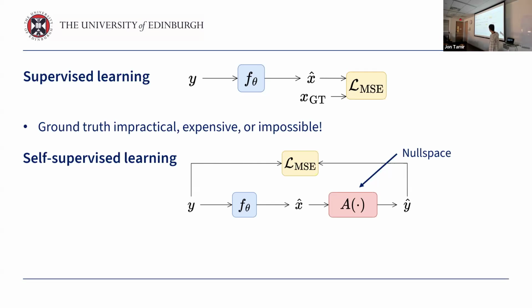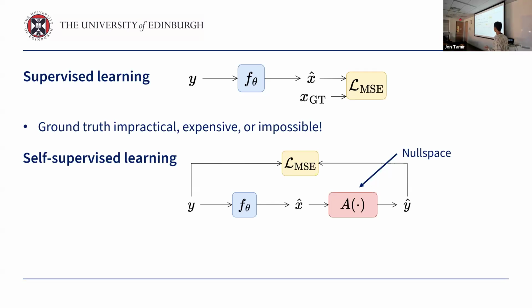The problem with this, you can probably quickly think about, is that because A has a non-trivial null space, any vector in the null space of A that you add on to x will be trivially mapped back to 0, so that you can get precisely 0 loss with an infinite number of solutions. So this is not good.